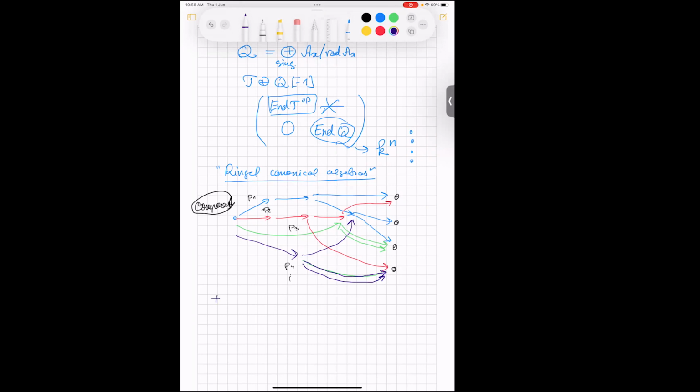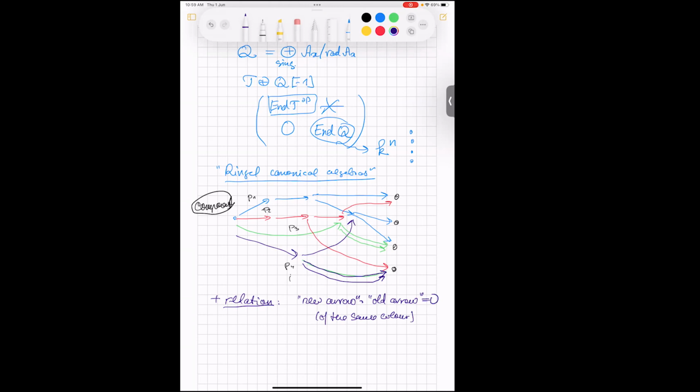Plus relations, which are the following: new arrow times old arrow of the same color is 0.